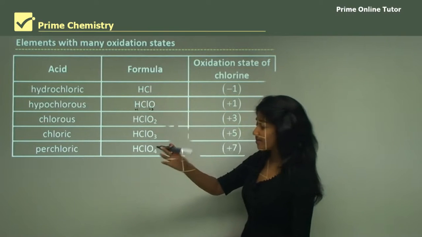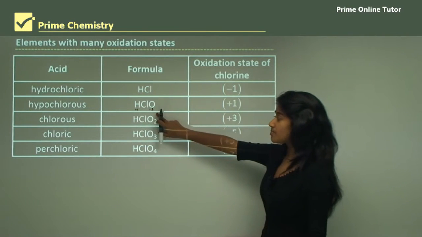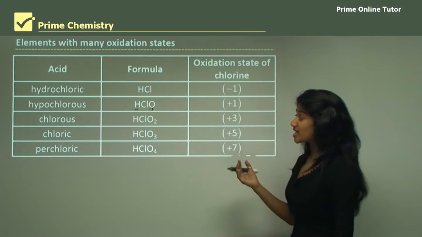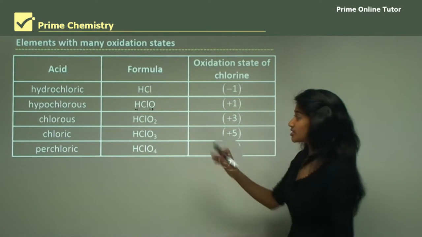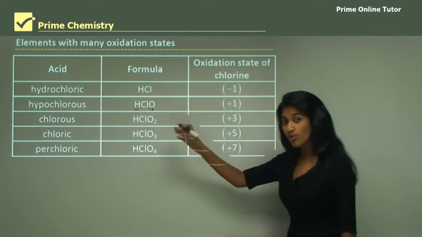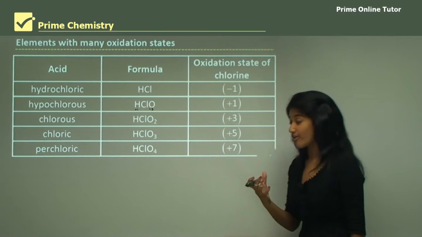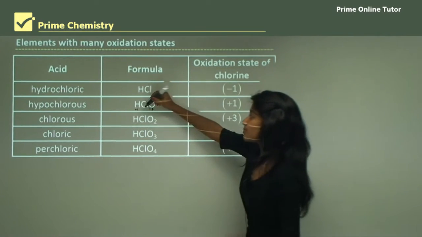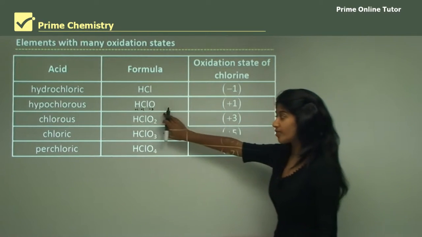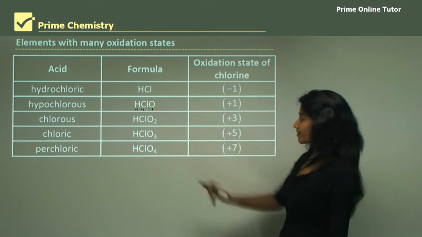Now, +1 minus 2 has to equal 0 because this is a whole molecule, and a whole molecule has an oxidation state of 0. That means chlorine has to be +1 in order for this to equal 0.